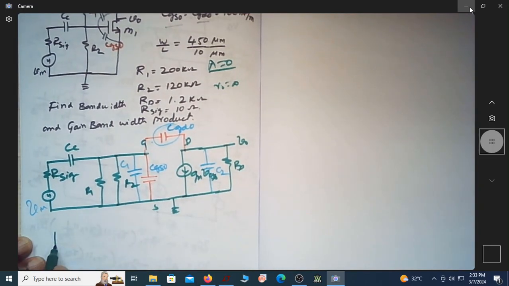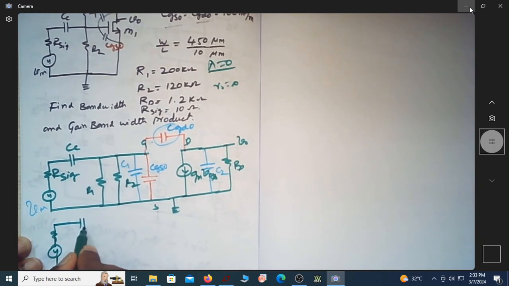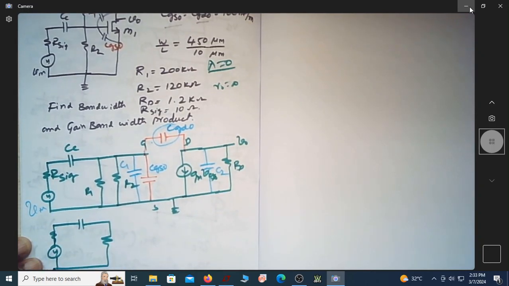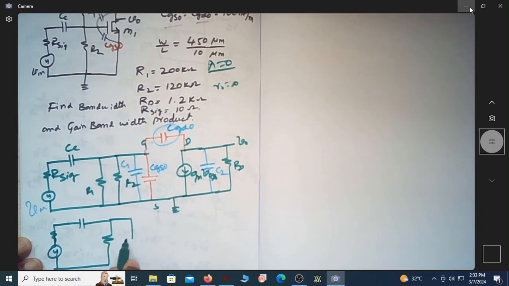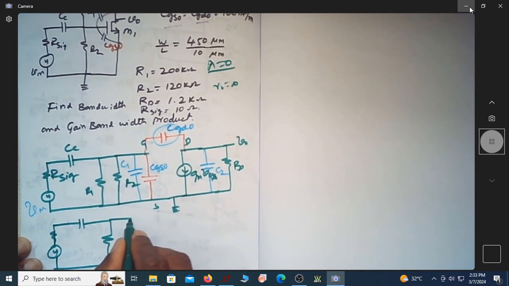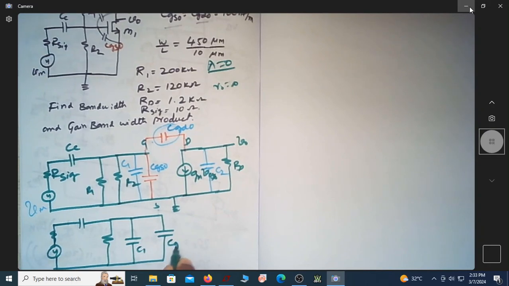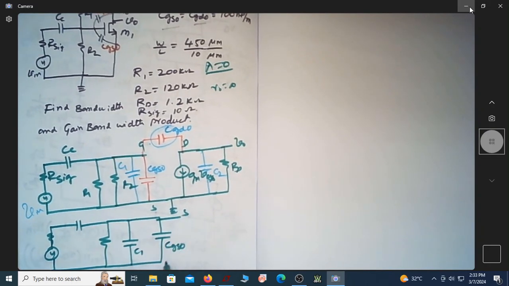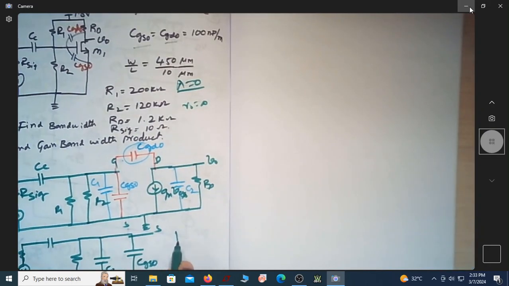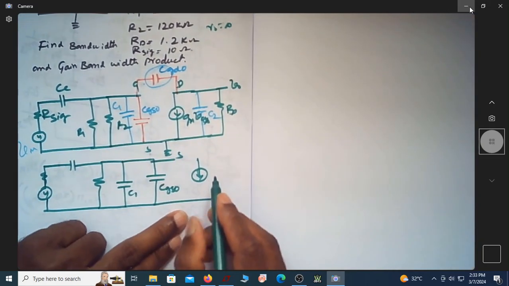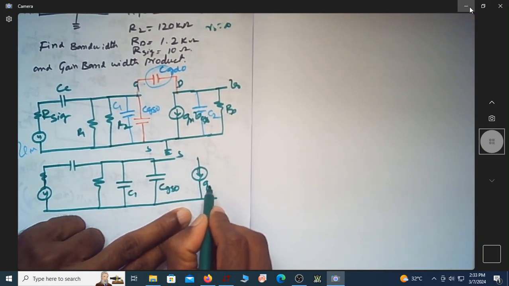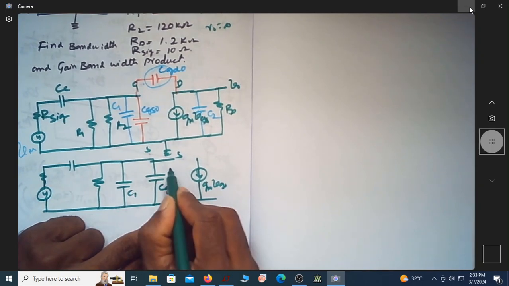So my small signal model for my frequency analysis looks like this. This is C1, this is CGSO, this is ultimately source. This is Gm into VGS, this is actually VGS.